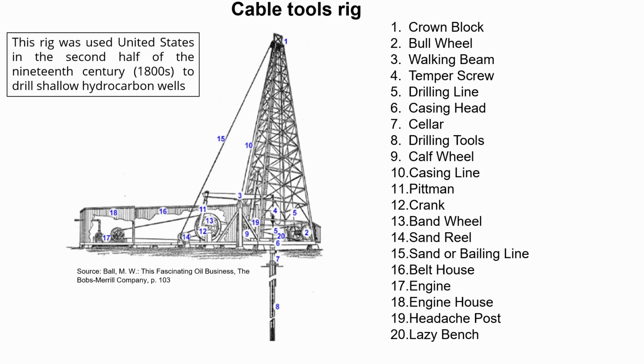Instead of a modern rotary drilling system, it relied on repeated up and down mechanical motion to break rock. This slide is useful because it shows how drilling technology evolved over time from relatively simple mechanical systems to the highly advanced rotary systems we use today.